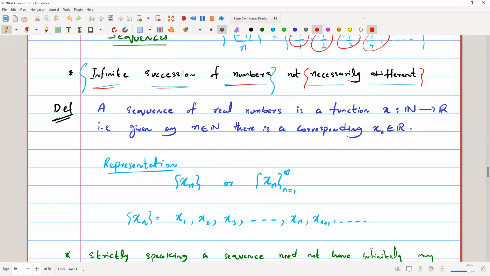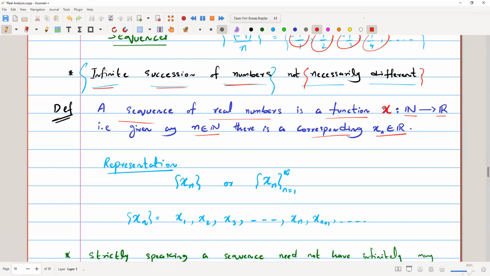It says that a sequence of real numbers is a function x that maps natural numbers to real numbers. Okay, we will elaborate on this. That is, given any natural number, there is a corresponding real number.